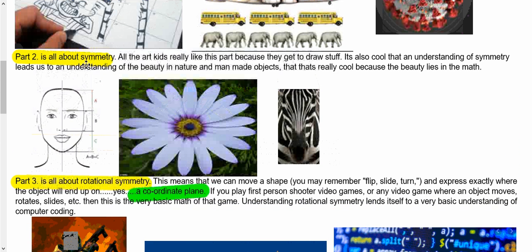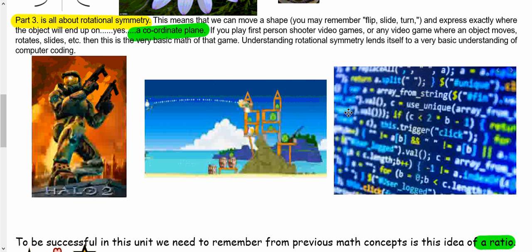Next we're going to get into symmetry and proportions, so that if one thing changes, it changes in a beautiful way. Then maybe we'll get into rotating and working on the coordinate plane, which you know so well, so you can plot where things move. If you go into computer science, you'll have this knowledge.